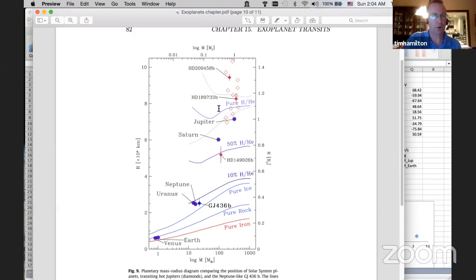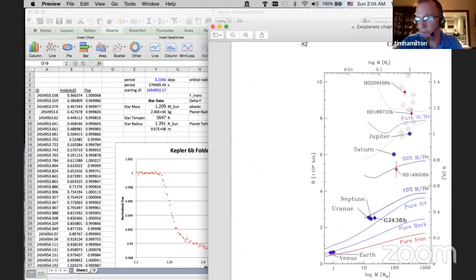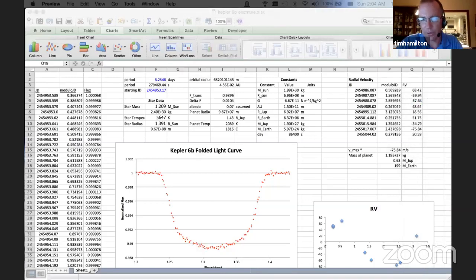Now, all we care about are where these guidelines are. And we can plot it in Jupiter radii here and Jupiter masses up here, or Earth masses down there. Let's go with Jupiter masses and Jupiter radii. So I'm going to move that off to the side, and we'll simply calculate the density.